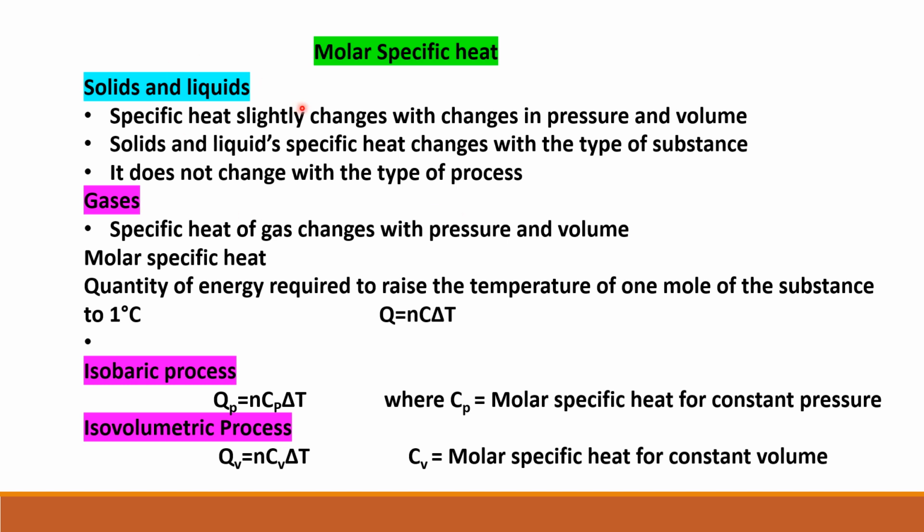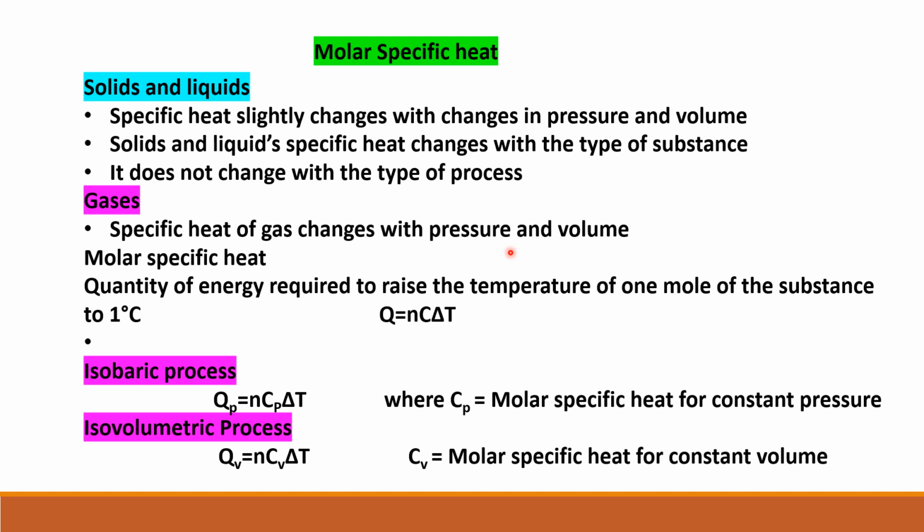In solids and liquids, the change in pressure and volume is immaterial, because they are rigid materials. In gases, the specific heat value changes with respect to pressure and volume.